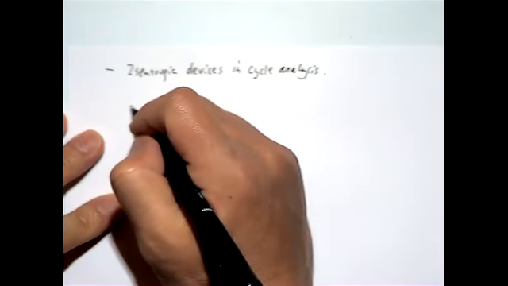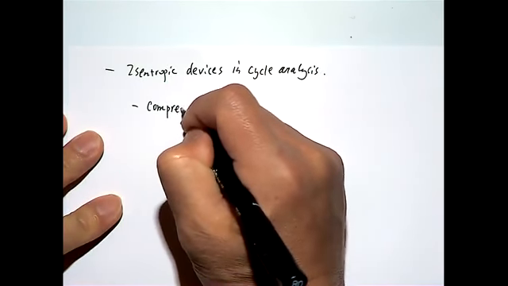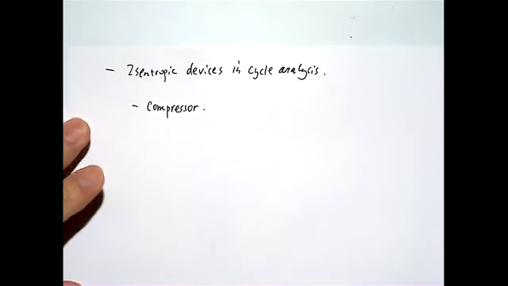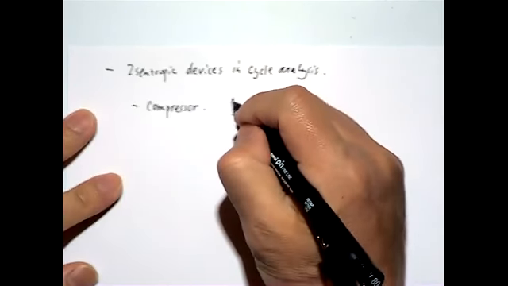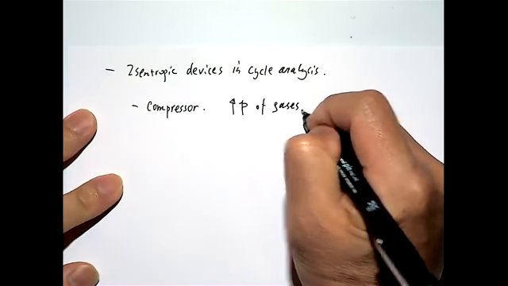The first one is a compressor. A compressor is something to raise the pressure of a gas, and that is its purpose.